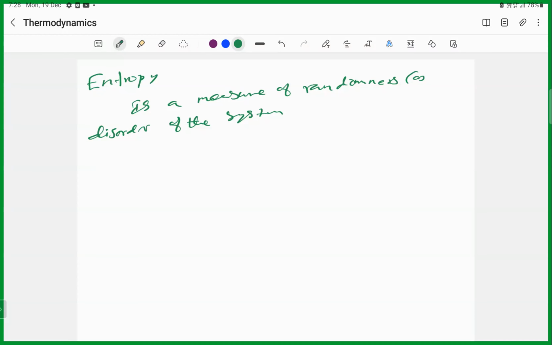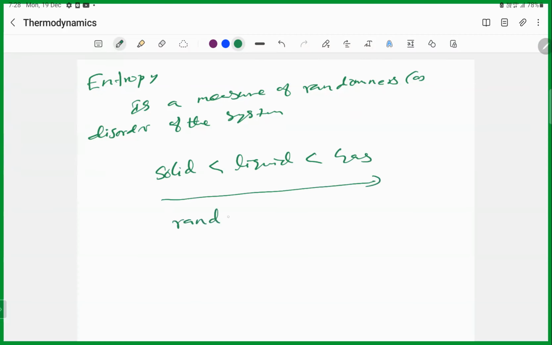So the randomness or disorderness of the substance increases from solid to liquid to gas. So by this order, randomness, disorder or entropy increases.